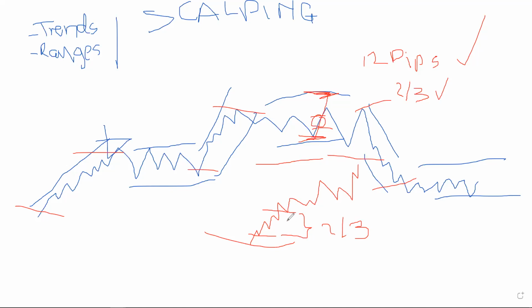Why? Because statistically, it is easier to get here. The market is more likely to reach here before it goes and reaches up there. Getting up there is not guaranteed. That extra move is not guaranteed.